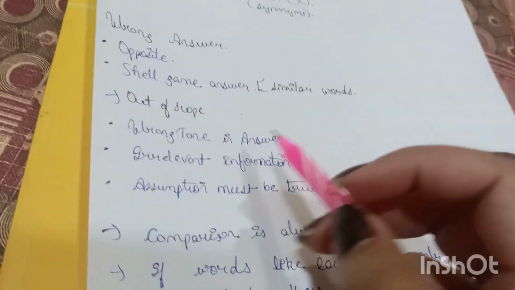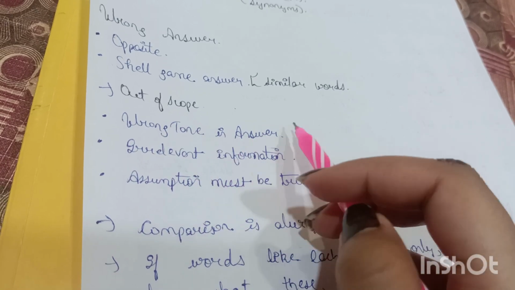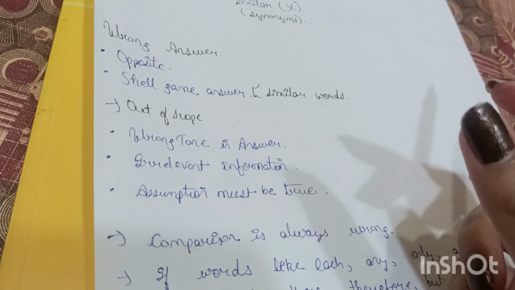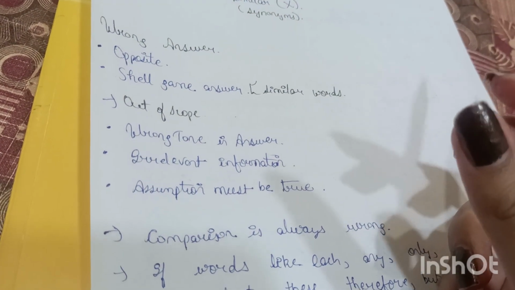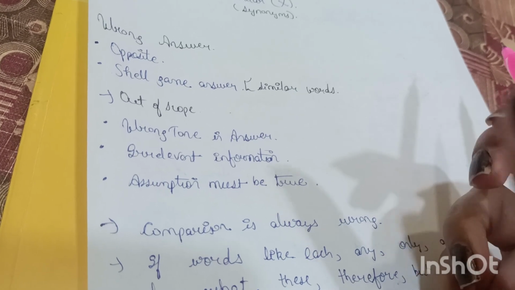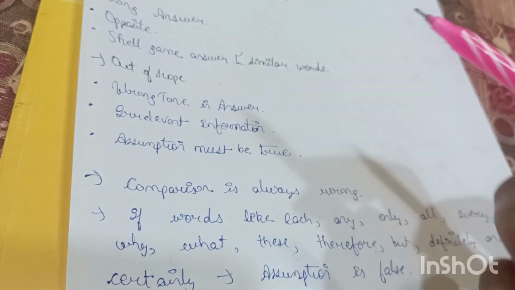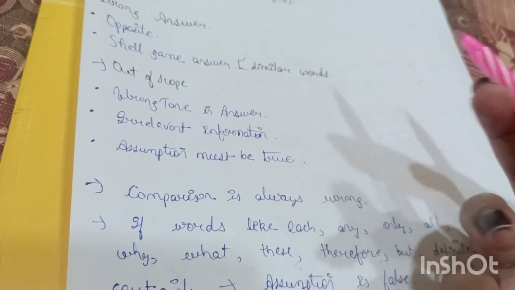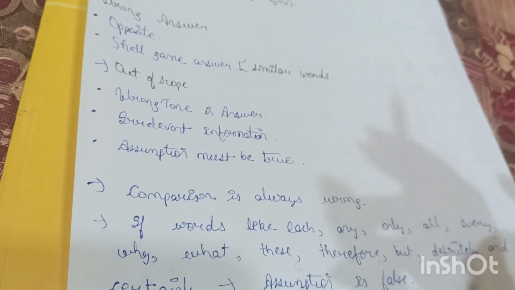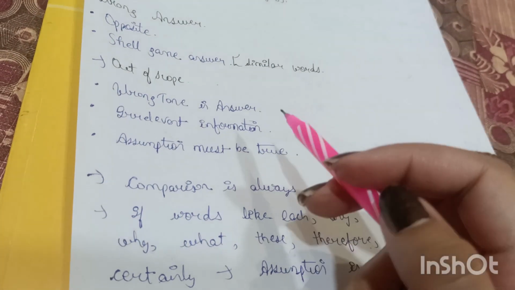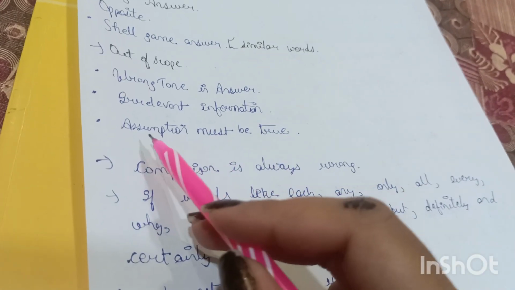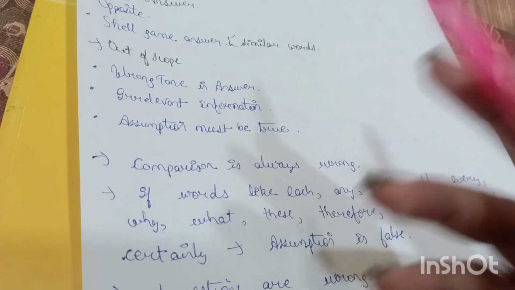So now let's understand it. Wrong tone in answer refers to a different tone in the passage and a different tone in the option. Irrelevant information refers to statements in the option that are not connected to the passage, so that will be wrong. Assumption has to be true; it cannot be false.